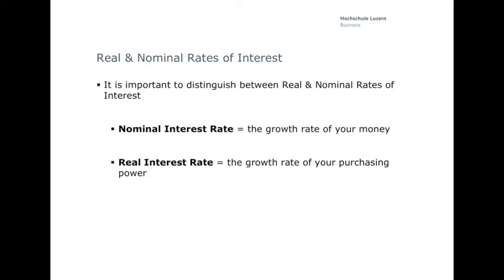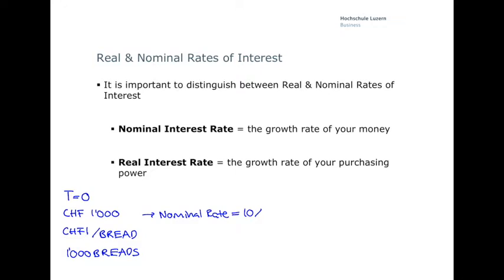Now let's assume you have at t equals 0 on your bank account 1,000 Swiss francs. And one bread costs today 1 Swiss franc. So that means with your current amount of 1,000 Swiss francs you can buy 1,000 breads. Now assume the nominal interest rate on your bank account is 10%.